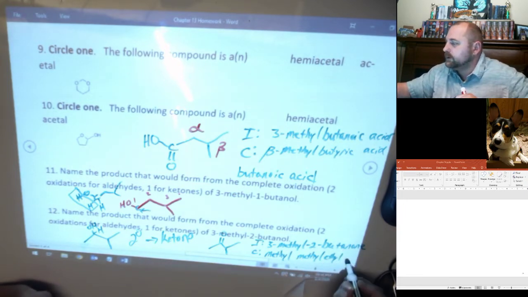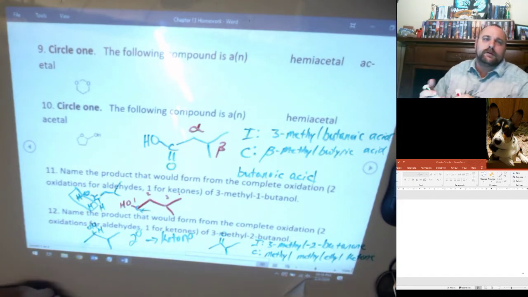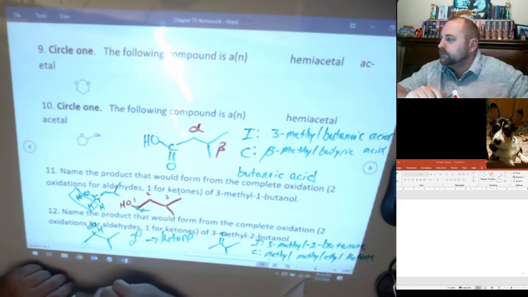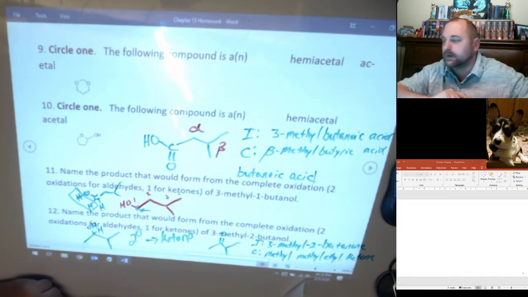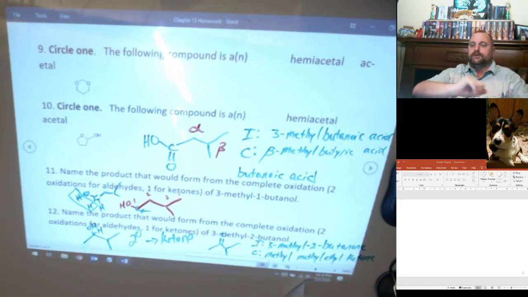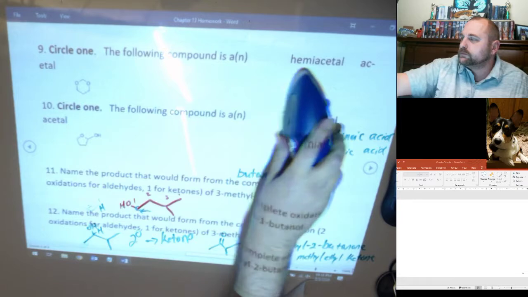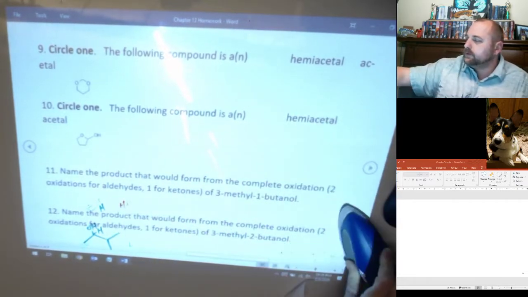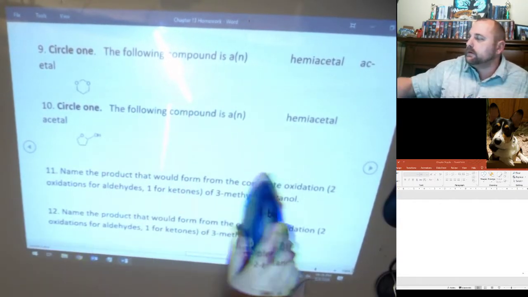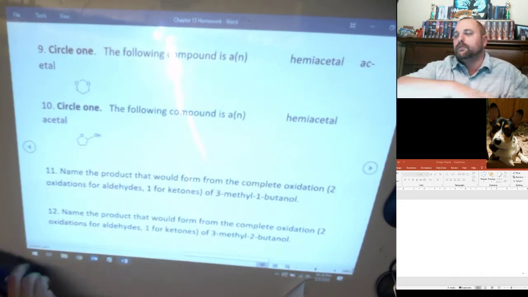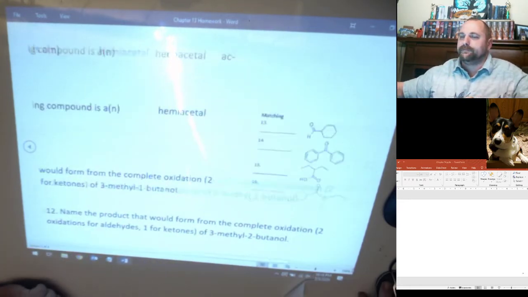See if you remember what it is, and then another word, ketone. Just enough space there. Alright. So methyl ethyl ketone. Screenshot. Snapshot. Alright. So okay. A little bit tough. Some critical thinking on some of these.